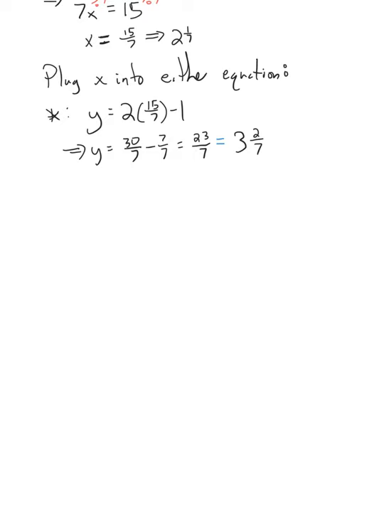So the intersection point is x equals 15/7, and the y value was 23/7, or you could write it in terms of a mixed number. Doesn't matter. So there we go. We found where those two lines intersect.